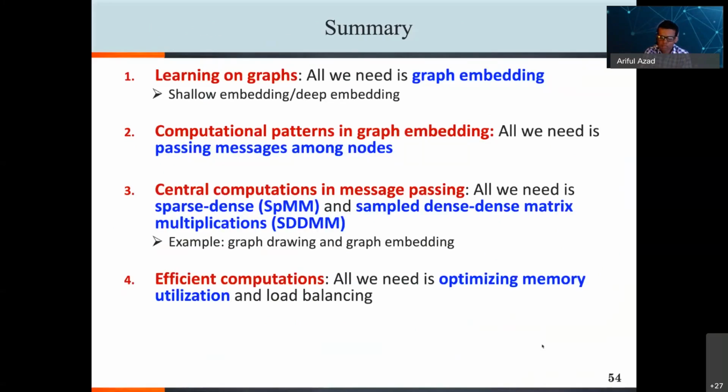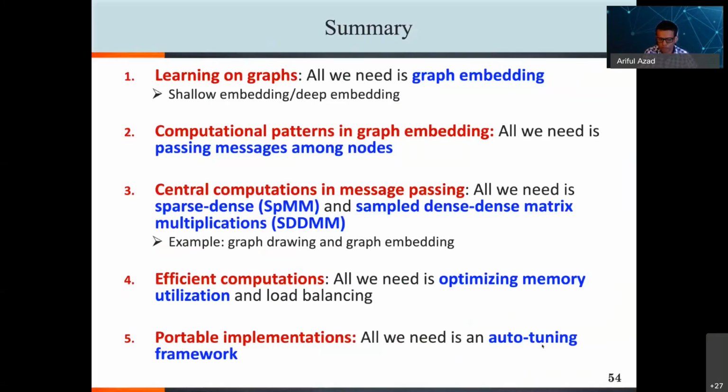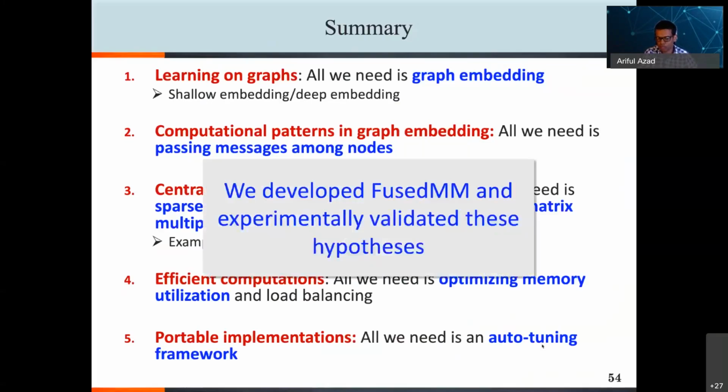When we discuss efficient computation, we have to optimize memory utilization. And we can easily make them portable by using an auto-tuning framework. We developed FusedMM and experimentally validated all these hypotheses. That means we can actually develop almost all graph neural network algorithms using just one operation.